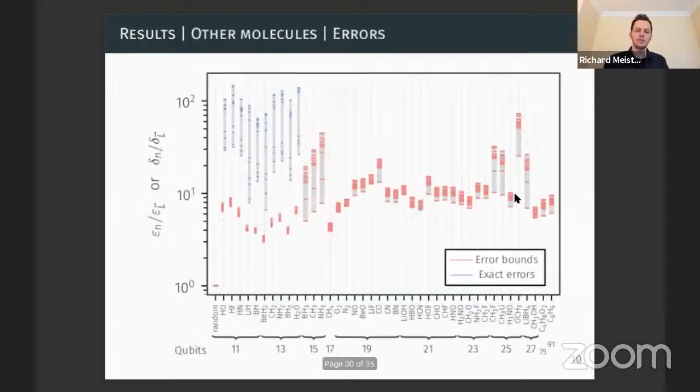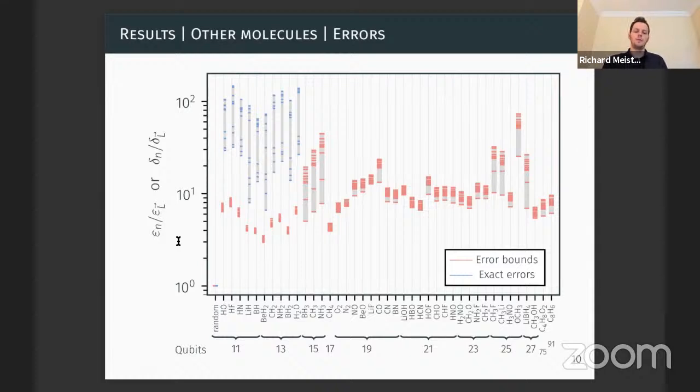And now to show you a summary of all the results we obtained, we have this graph where vertically we plot the ratio of either the error bounds or the exact errors of the canonical method to the error of our method for some given cost. So each individual line here denotes one specific cost. And the red bars here are the ratios of the error bounds, and the blue are the ratios of the exact errors.